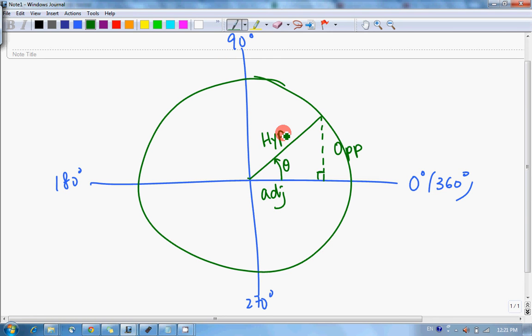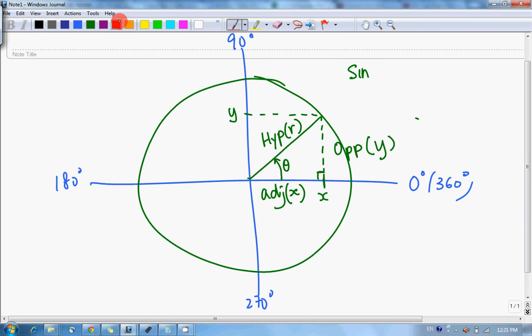So what are these three sides? Since this is on the x-axis, I call this value x, and since this is on the y-axis, I call this value y. So my opposite will have a value of y, adjacent x, and hypotenuse, maybe let's use some other alphabet, r. Okay, so what do we have here?